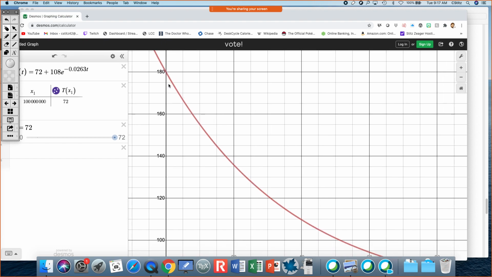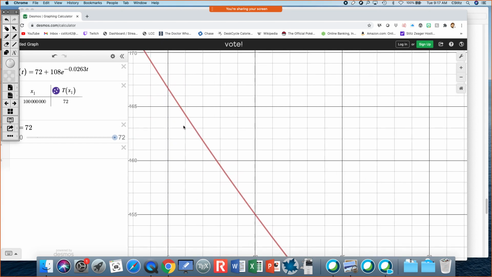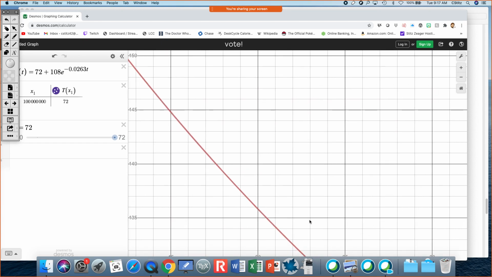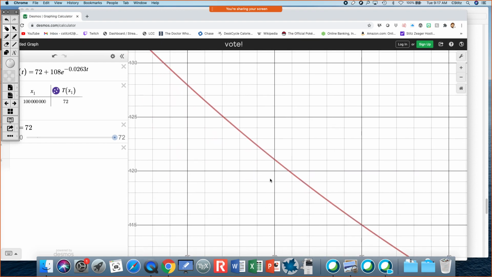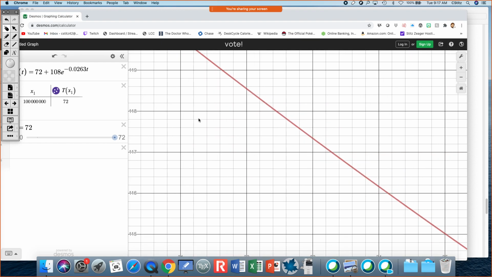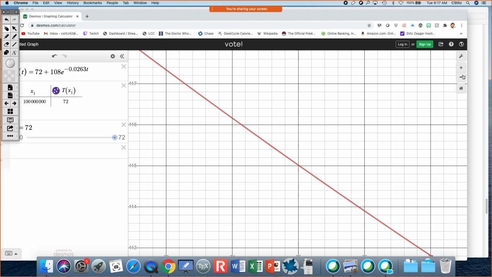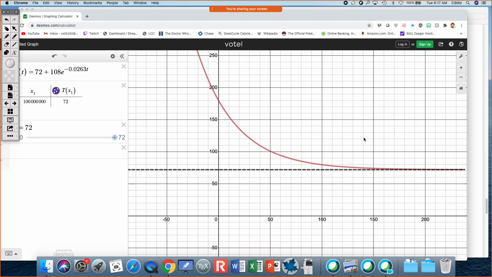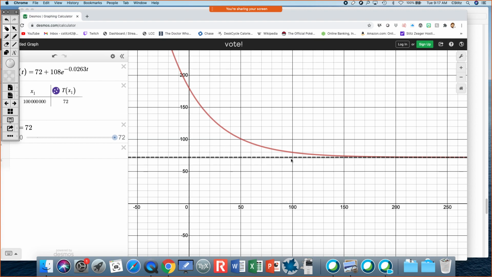You can see it starts to cool off. And if I zoom in here at the slope, as we go further down, notice the slope gets less steep, right? So as time goes by, it's still cooling, but not cooling as quickly.